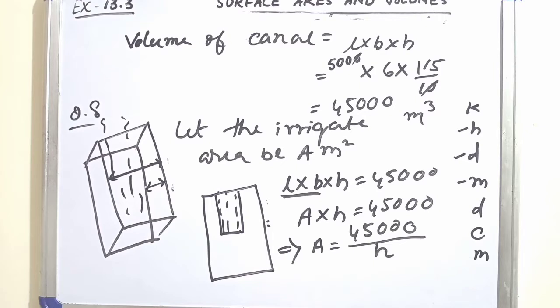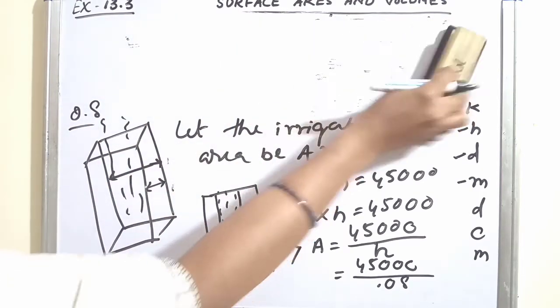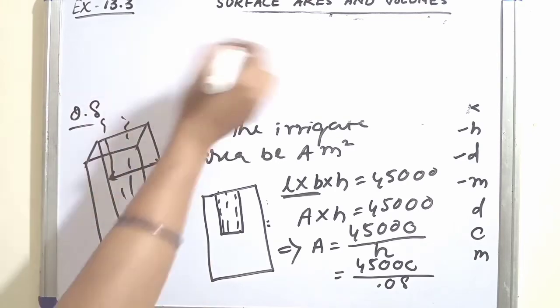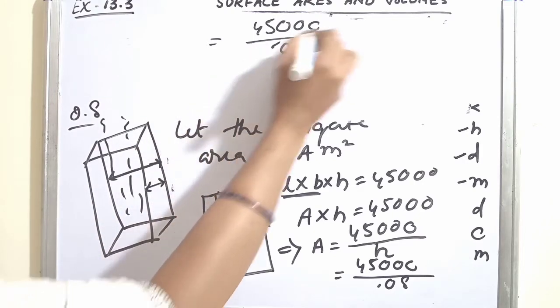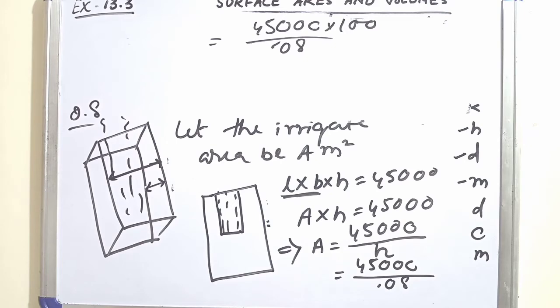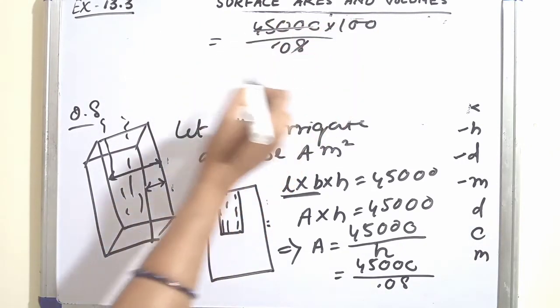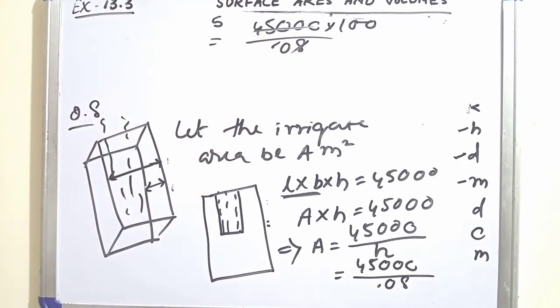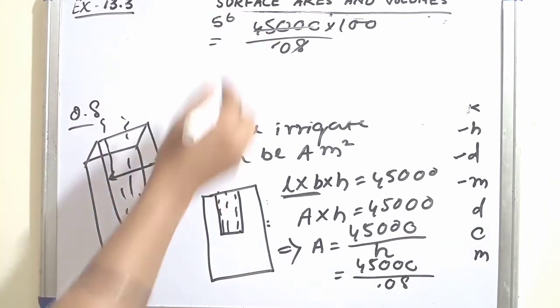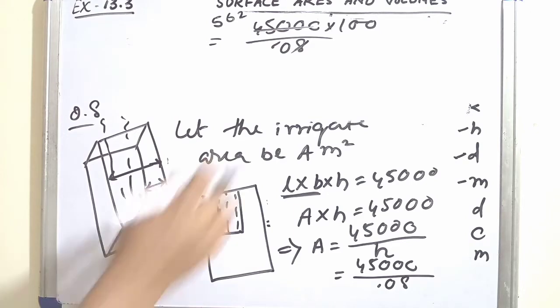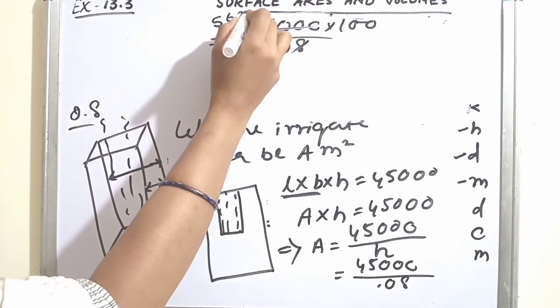So 8 centimeter, that means 0.08 meter. 45000 by 0.08, that is 45000 into 100 by 8. 5 8s are 40, 5 6s are 48, 8 2s are 16, 8 5s are 40.